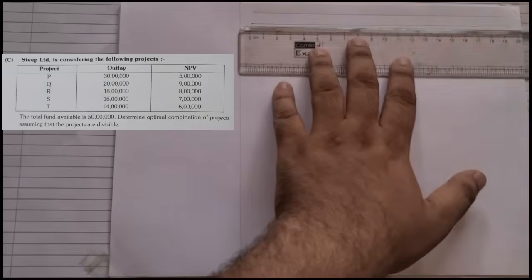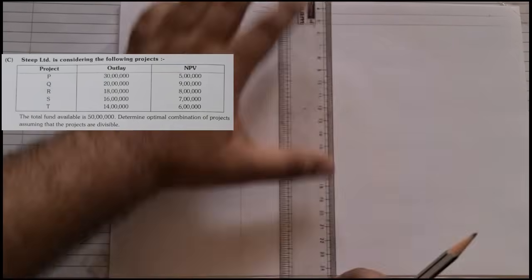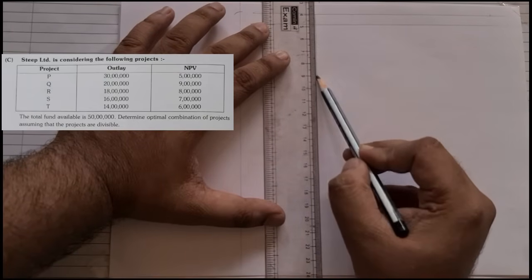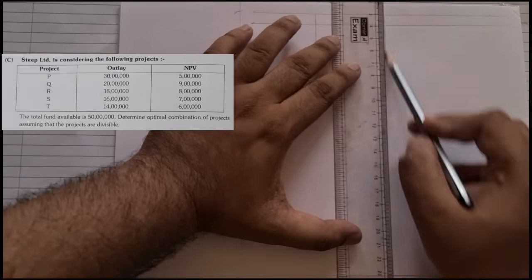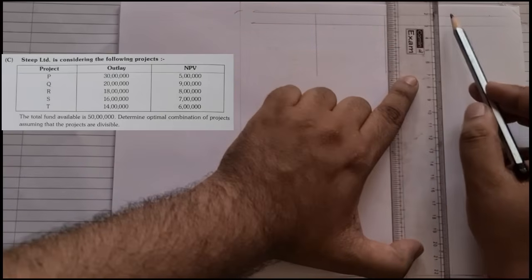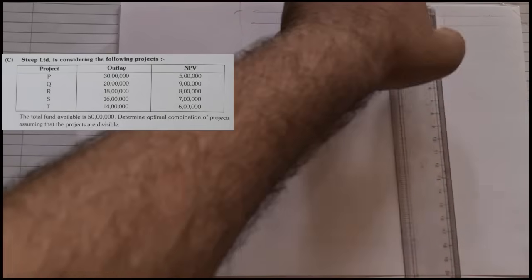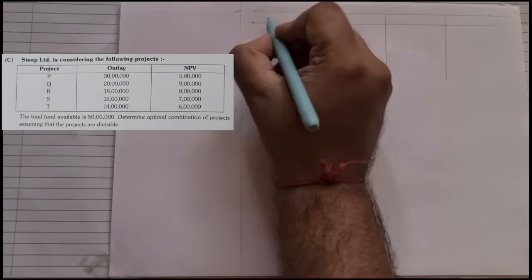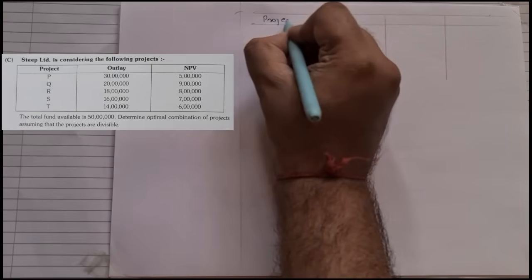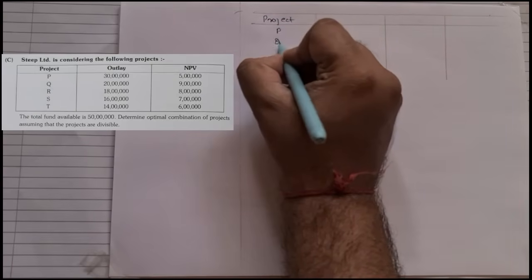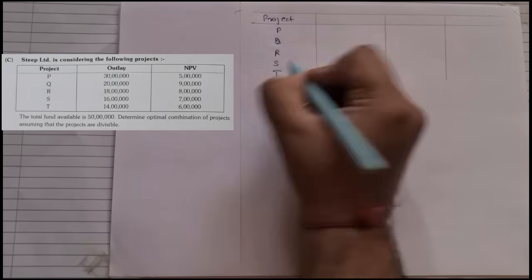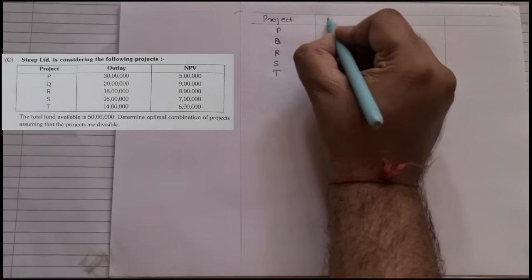So I'll just make a small table first here, which will have the names of the projects, the outlays, the NPV, and the ranks. Now I'll note down the projects. The project names are P, Q, R, S and T. We have outlay.